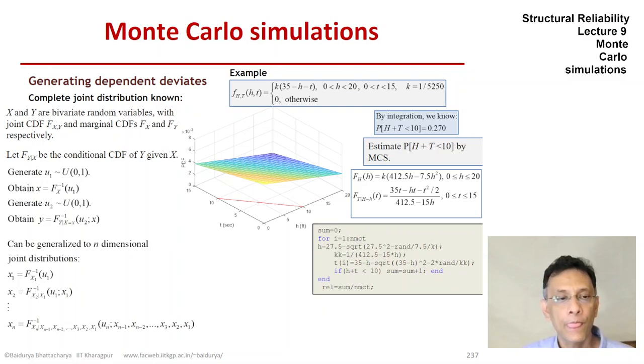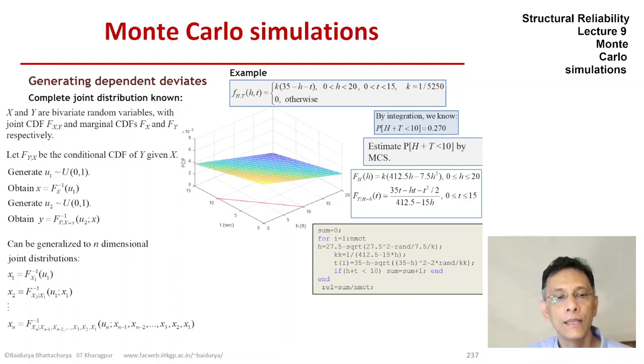So this is what we have. We go through the loop i from 1 through nmc, and for each run through the loop, we generate H from its CDF using rand, which is one uniform deviate, and then use that value of H to generate the corresponding value of T, its pair, by using another random deviate, and keep doing this, and every time find out if H plus T is less than 10 or not.